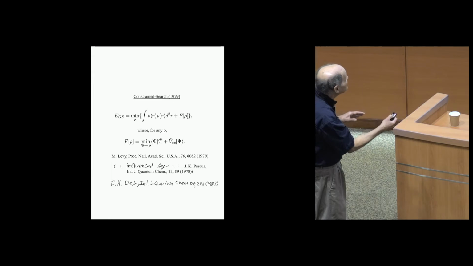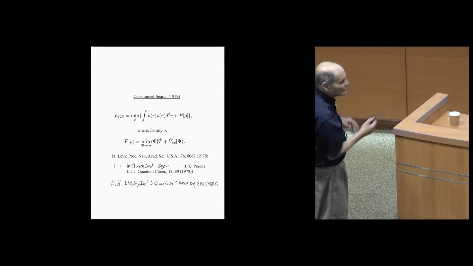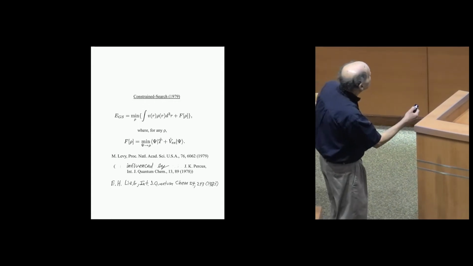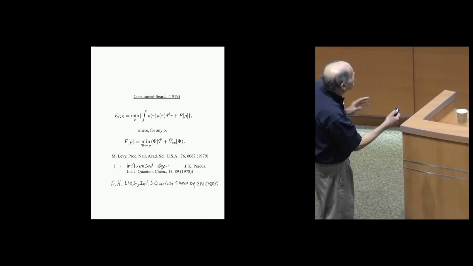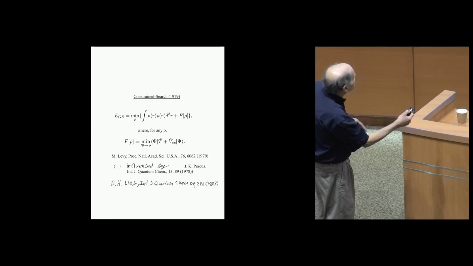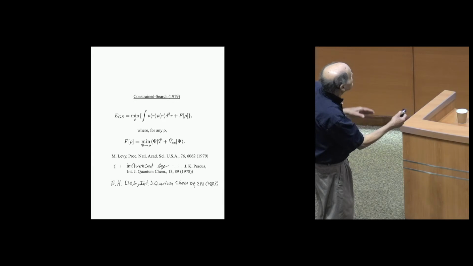But then the question is, do you get a minimizing wave function? And Lieb showed that there is a minimizing wave function. Again, it's always valid that you will get a minimizing expectation value here, but not necessarily that there's a minimizing wave function that does it. And Lieb showed the minimizing wave function.